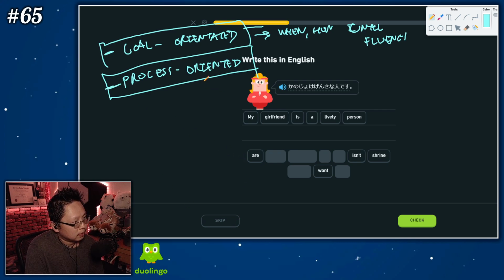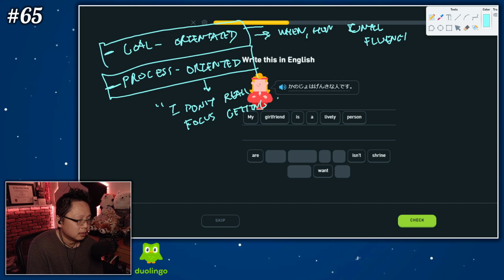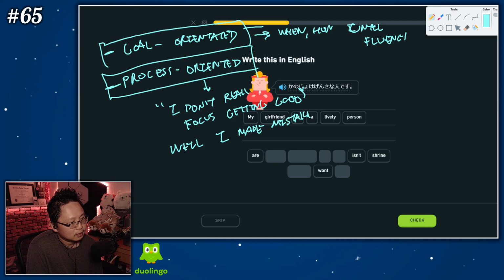Process-oriented people will have some sort of statement like, I don't really focus on getting good. I make mistakes, it'll work out.